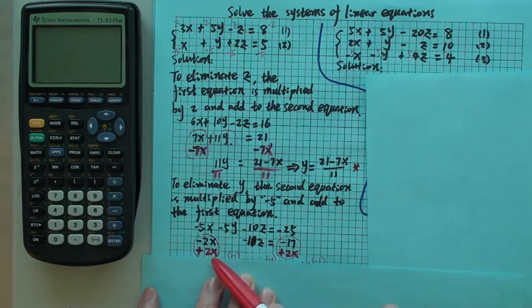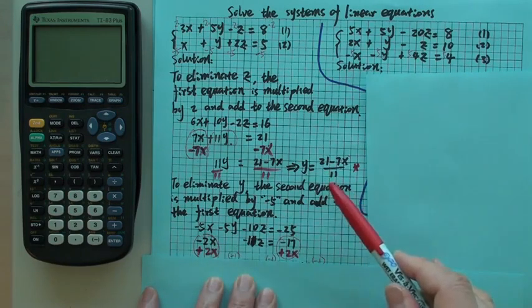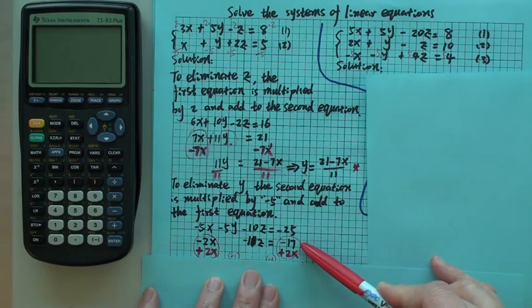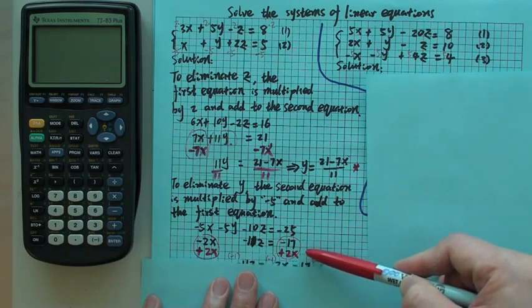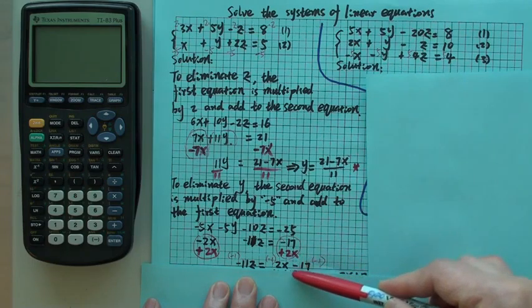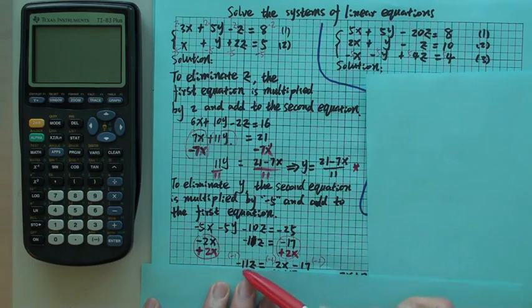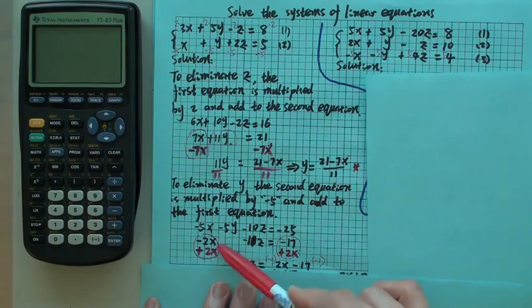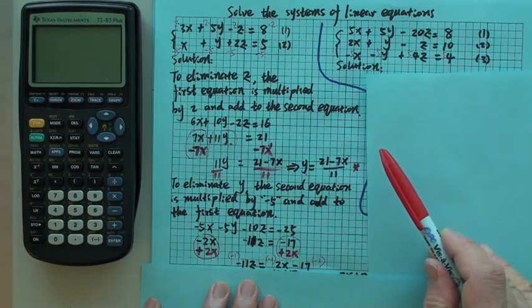If we add 2x on both sides, we cancel the negative 2x, and on the right will be 2x minus 17, or negative 17 plus 2x, and negative 11z on the left. Those two again are cancelled.